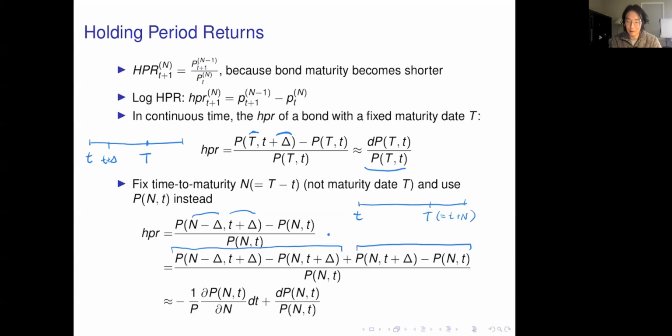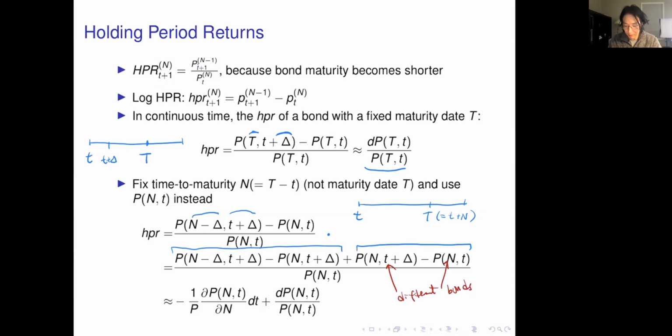So this component is the return component, assuming that you're not selling the same bond, you are measuring the price change of the bond with the same maturity. So in other words, this bond and that bond are different bonds. These are different bonds.